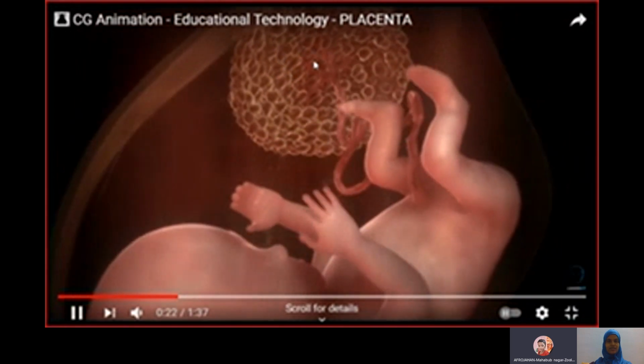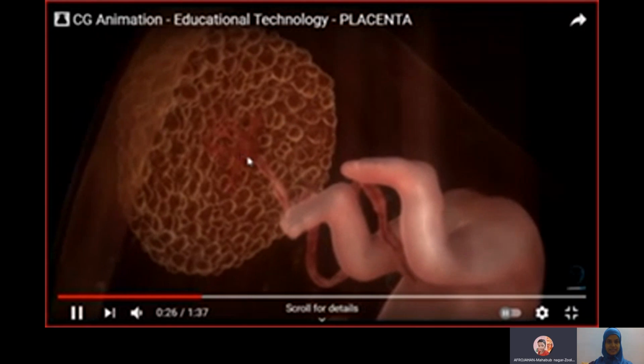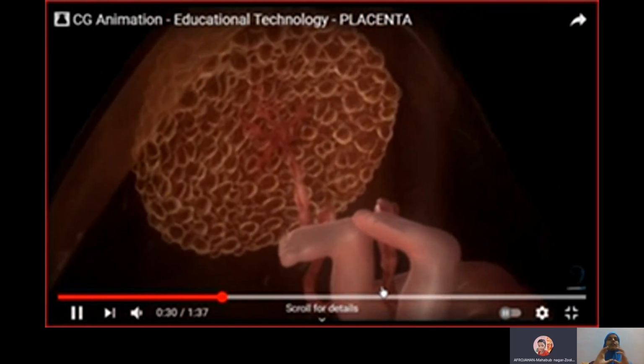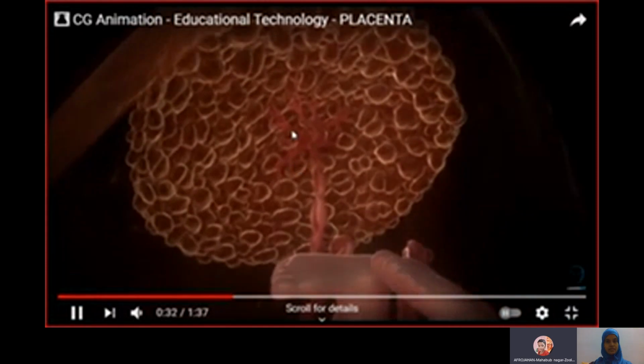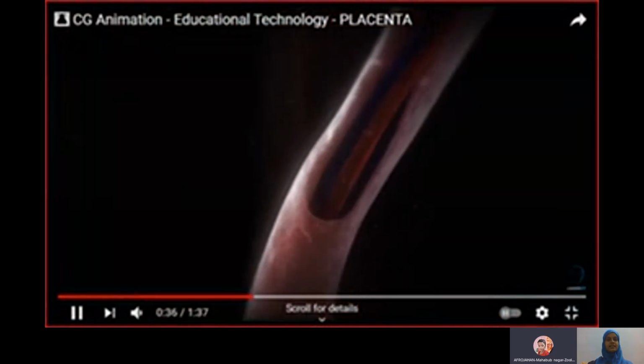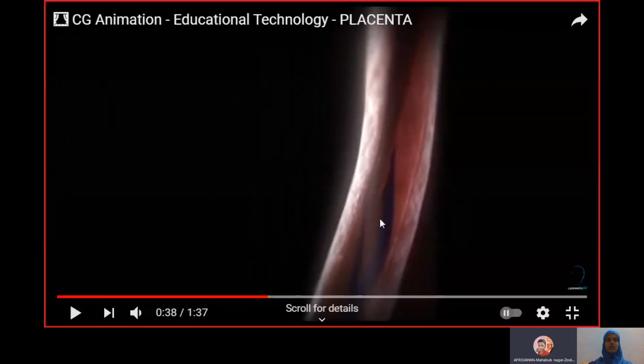A ball-like, umbrella-like structure, looks like it, no? From the placenta the umbilical cord arises and is attached to the growing fetus. Upper side, the placenta is attached. This is the umbilical cord, which contains the arteries and veins.